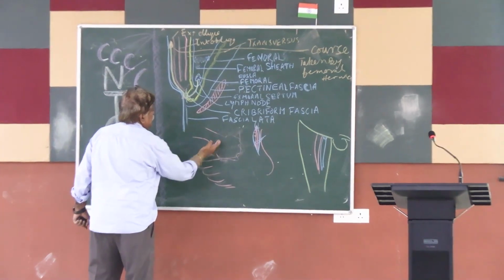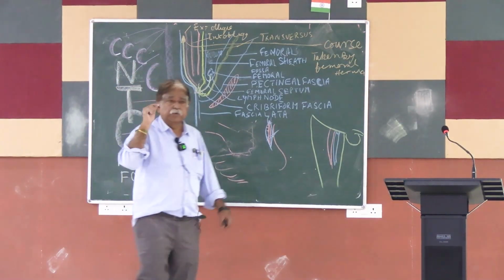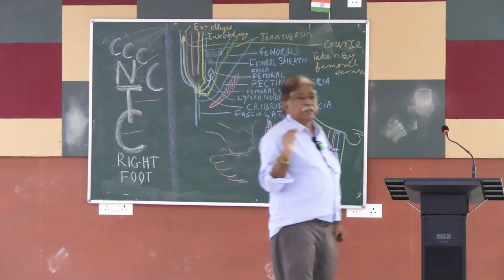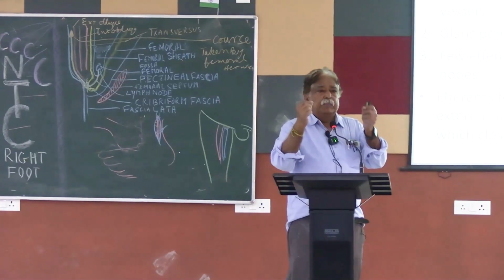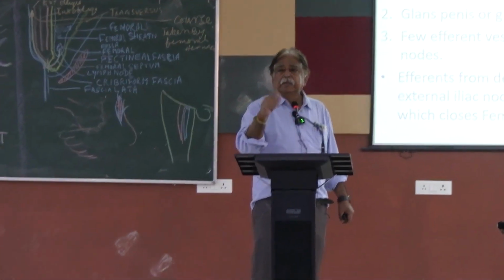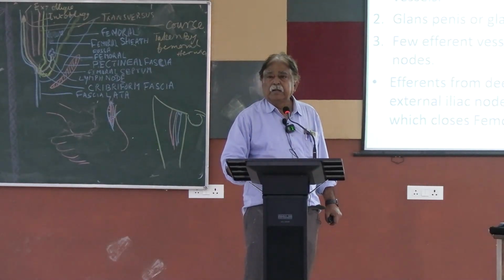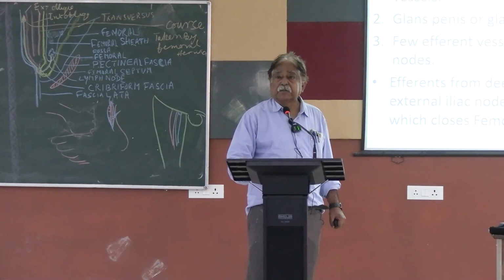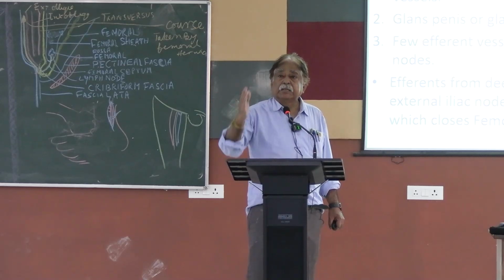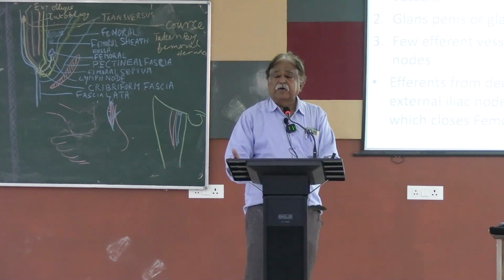Then you take the skin flap, put in a Foley's catheter, suture, and relieve that person. I have done some operations of this type. Those patients are still living, 35 years, 25 years.